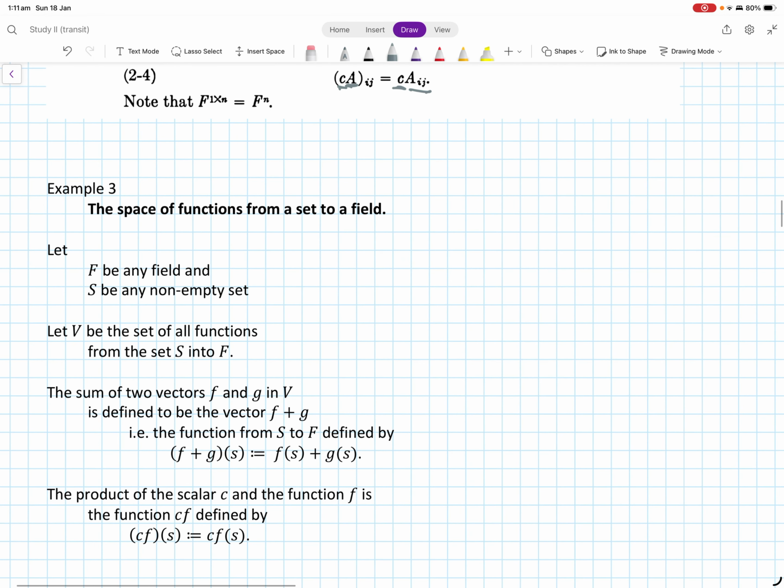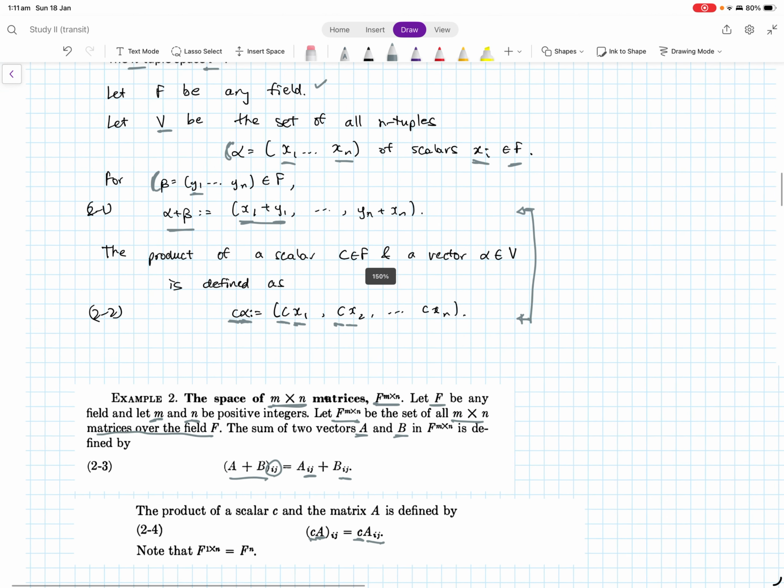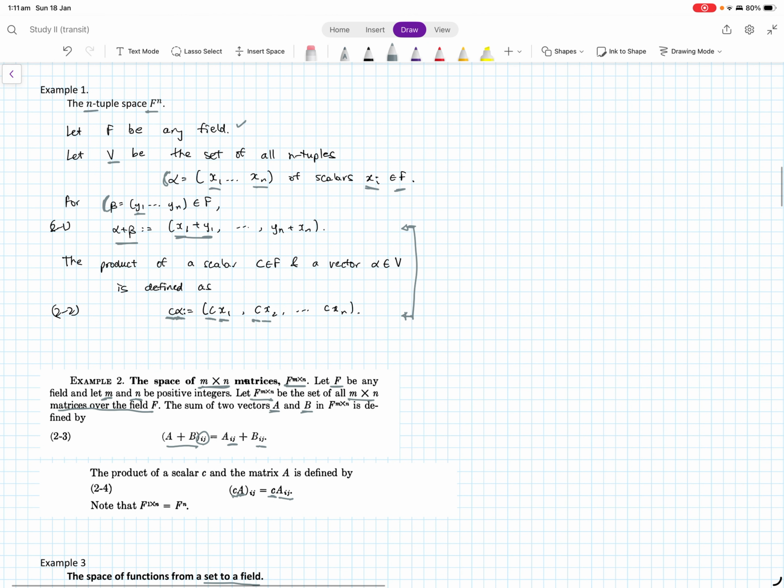Now the third example looks at the space of functions from a set to a field. This is sort of trying to generalize the idea that we had. Note that in the first example we looked at basically a row vector, x1 to xn, and in the second example we looked at matrices with indices aij as elements.